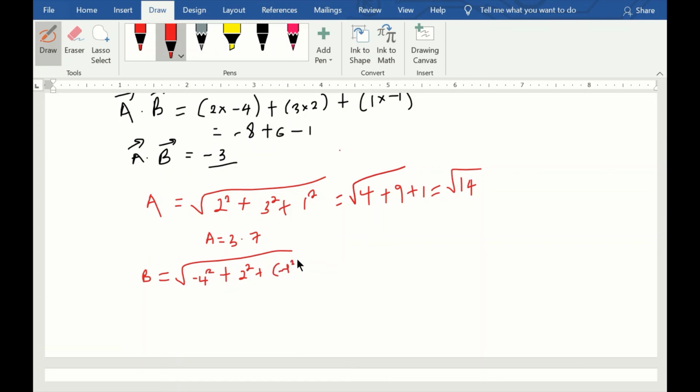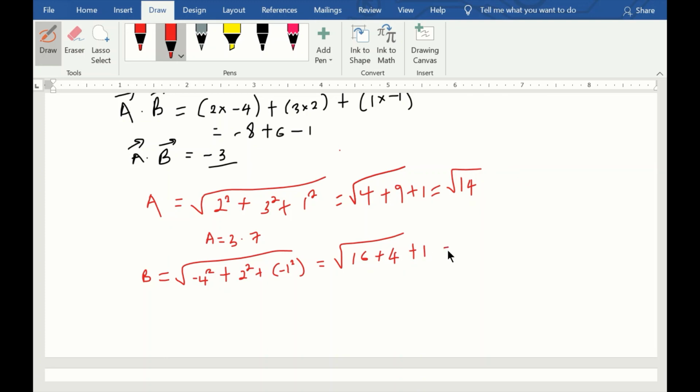Negative 4 squared gives us 16, plus 2 squared gives us 4, plus negative 1 squared gives us 1.